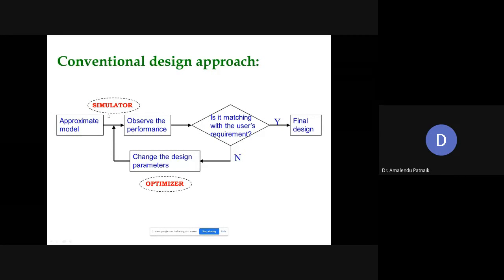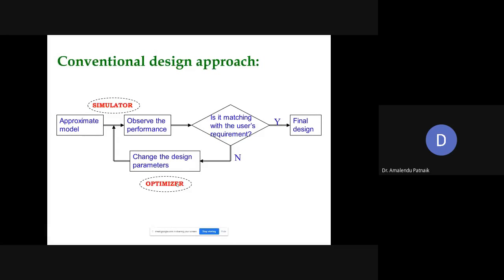So here the requirement of a simulator is there. Here at this stage, the requirement of an optimizer is there, right? Now the roles of these two places can be replaced by a suitable metaheuristic technique.